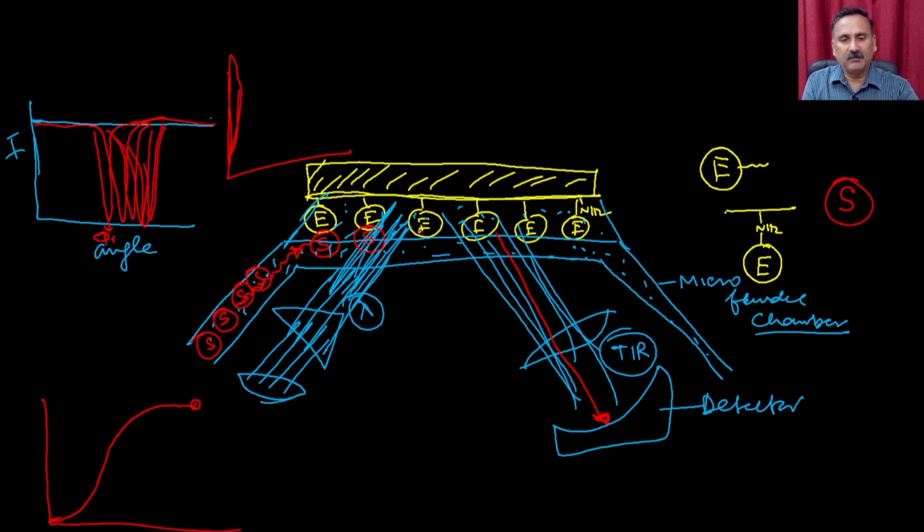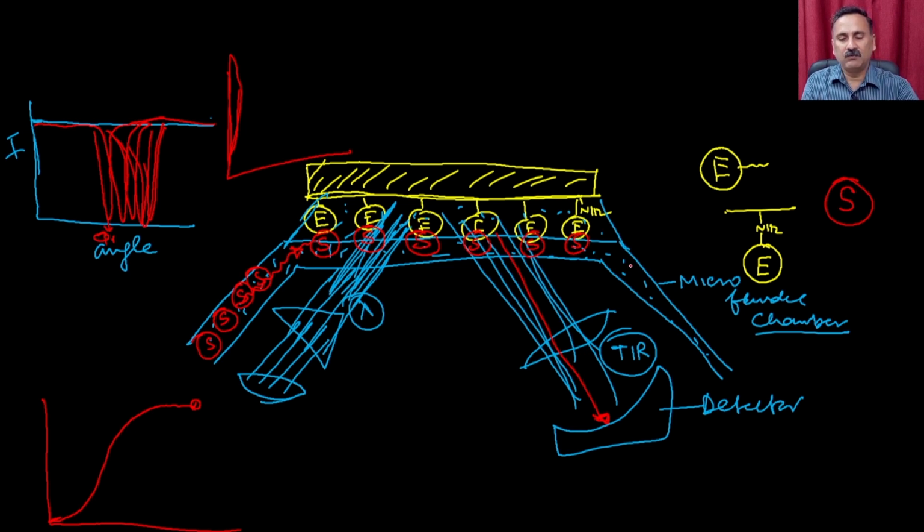Once the system got saturated, you are going to see that all the enzyme molecules have the substrate. Now what you're going to do is simply flow only the buffer, so there's no flow of substrate.